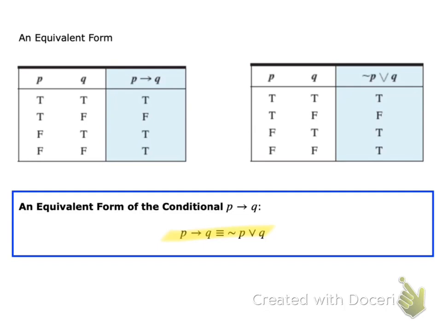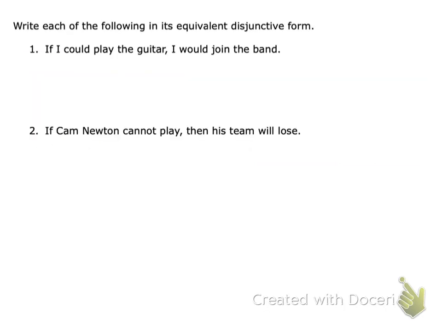So I'm going to show you how we could reword these statements then. If P, this is our P, then Q. We're going to write them in the equivalent disjunctive form, which is not P or Q. Okay, so if I could play the guitar, I would join the band.